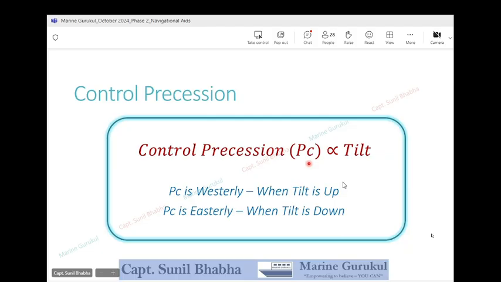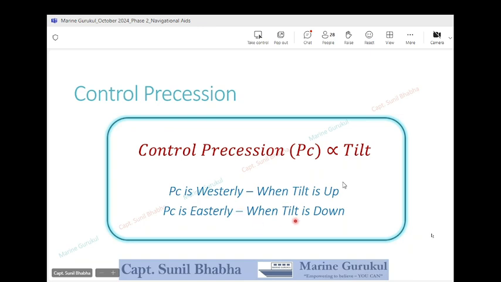Now the direction of the control precession: whenever the tilt is up, the control precession which is generated is westerly. We have seen that in these two diagrams just now. The spin axis was tilted upwards and it generated a westerly precession of the north end of the spin axis.